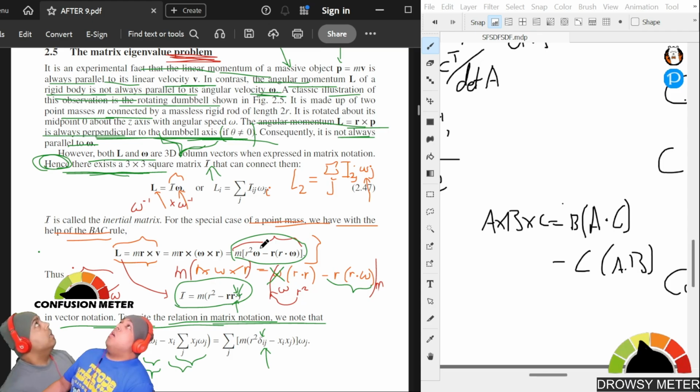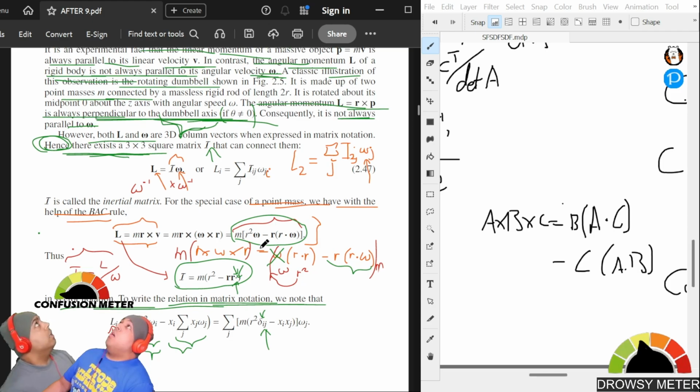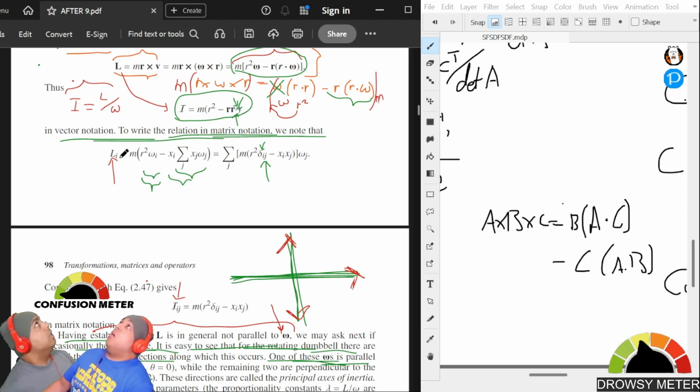R squared minus R R. You can get a component of the angular momentum from the angular velocity and position vector.